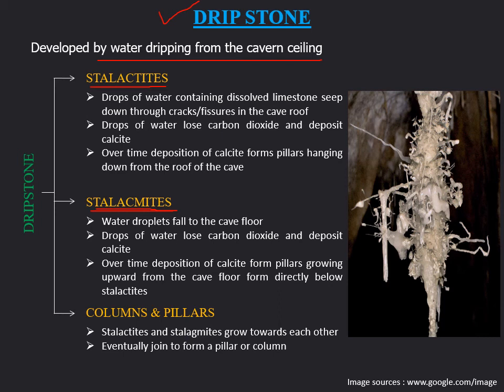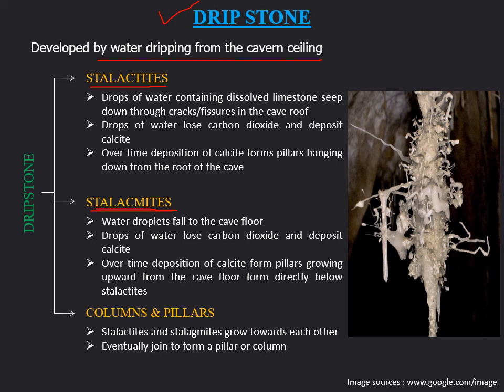Now, apart from dripstones, there are some other kinds of structures also found in the caves or in the caverns, which may be formed due to continuous flow of water, that is continuous running water, and those are known as flowstones.